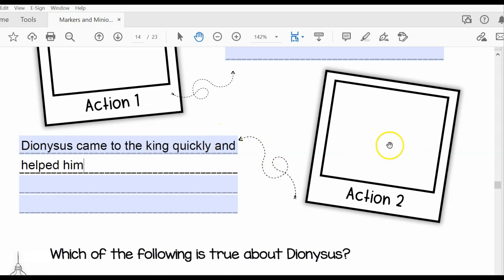So then the picture that I would draw right here, what's a picture that would show that he came to the king very quickly when he was summoned? If your mother calls you, hey, get over here very quickly, hurry, we gotta leave. Are you gonna slowly walk over? No. What are you gonna do? Run. Okay. So you're probably gonna draw a picture of Dionysus doing what? Yes.